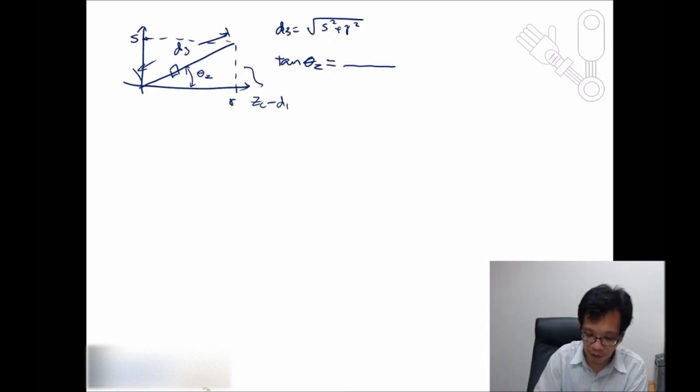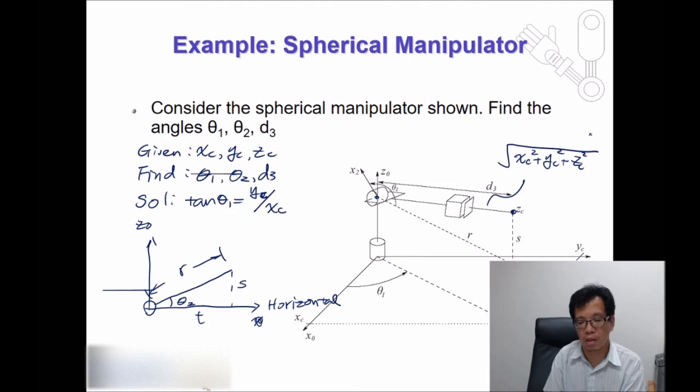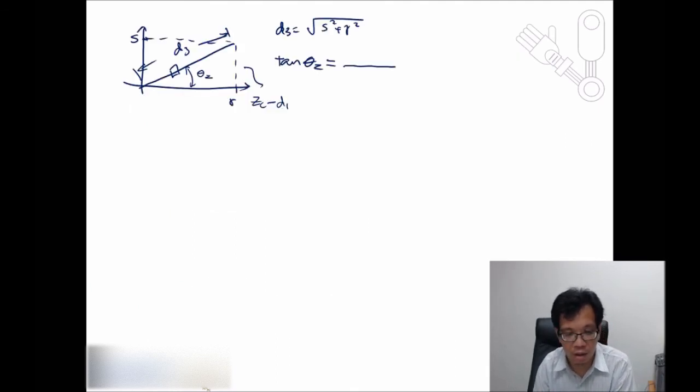So go back to the previous slides. The length from here to the end effector is going to be xc squared plus yc squared plus zc squared. It will be something we might want to understand.